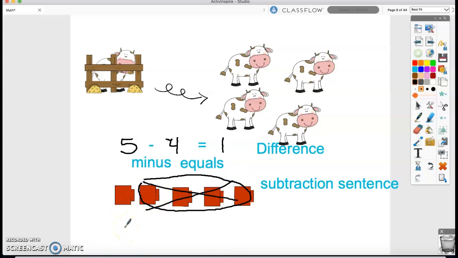I can also draw a picture of my model, and I can draw 1, 2, 3, 4, 5, and I can circle the part that is going away, which is 4, and then cross it off, and I'm left with 1.